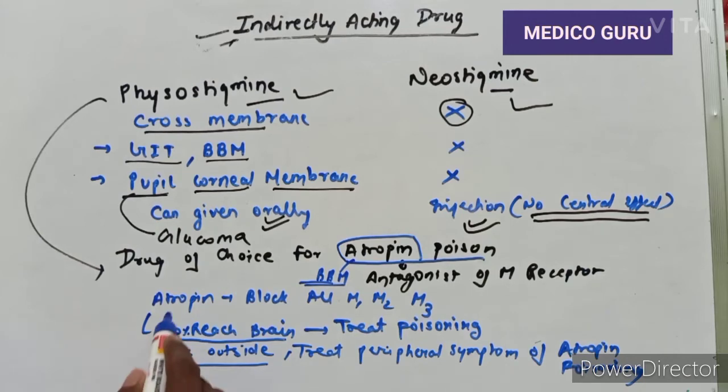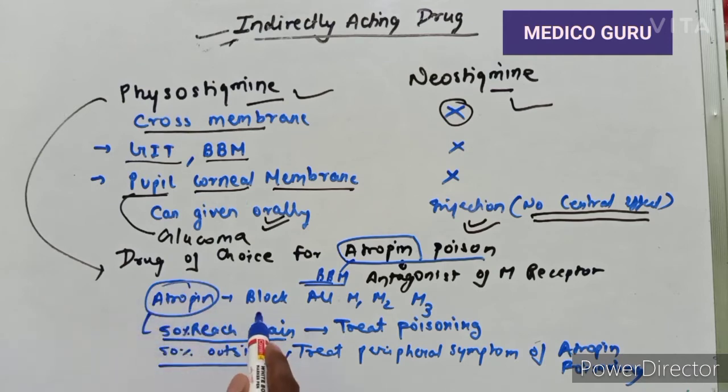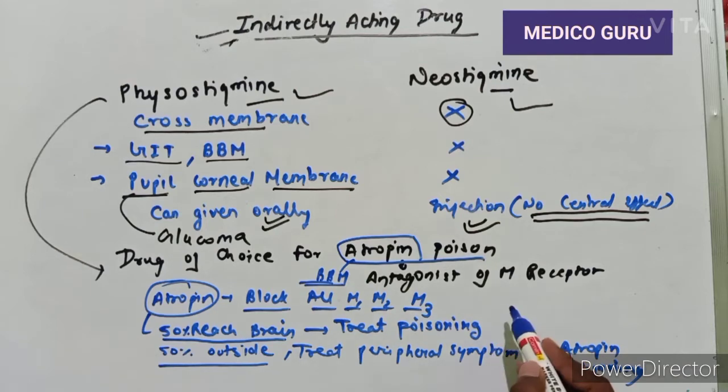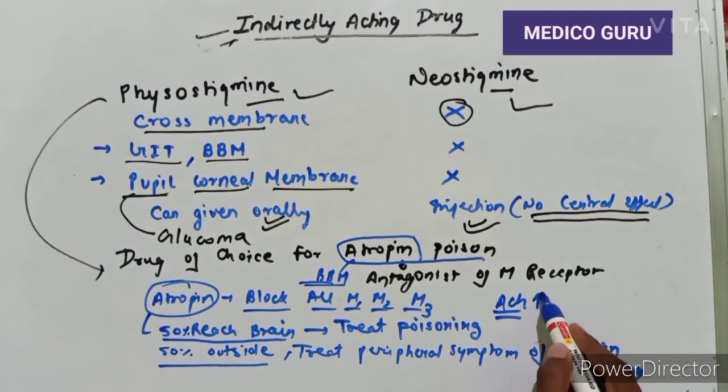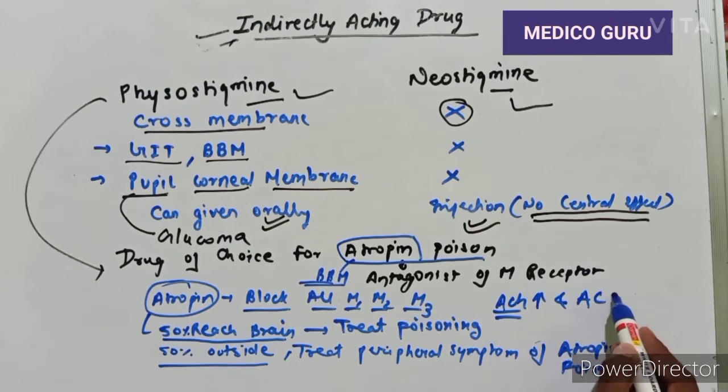In atropine poisoning, what will happen? Atropine blocks all M1, M2 and M3 receptors. To treat atropine poisoning, we must stimulate the M1, M2 and M3 receptors. So we have to increase acetylcholine, and to increase acetylcholine we have to decrease acetylcholinesterase.